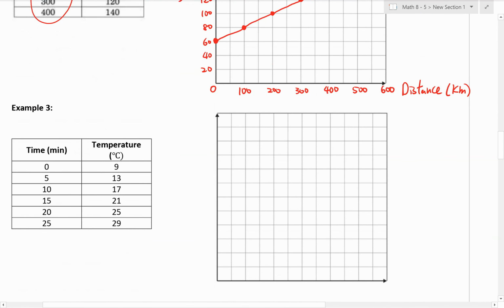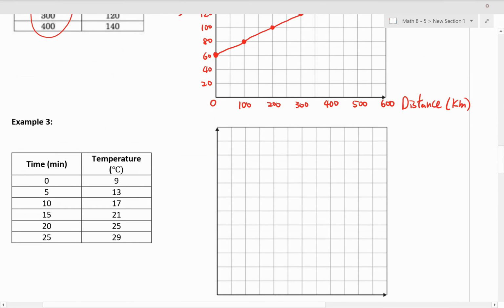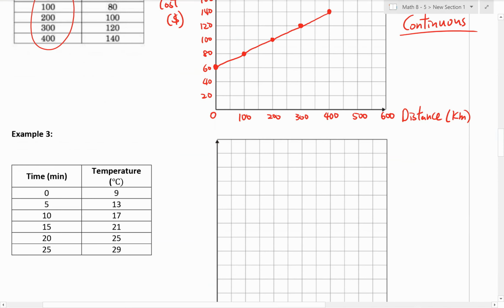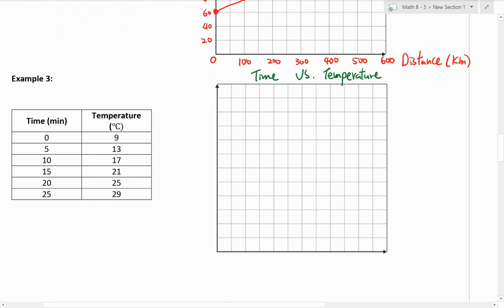All right, the last example here. We have the time and we have the temperature. Here I'm going to again use a different color. So this would be a time versus temperature graph. We have our time as, again, first column is the x-axis.